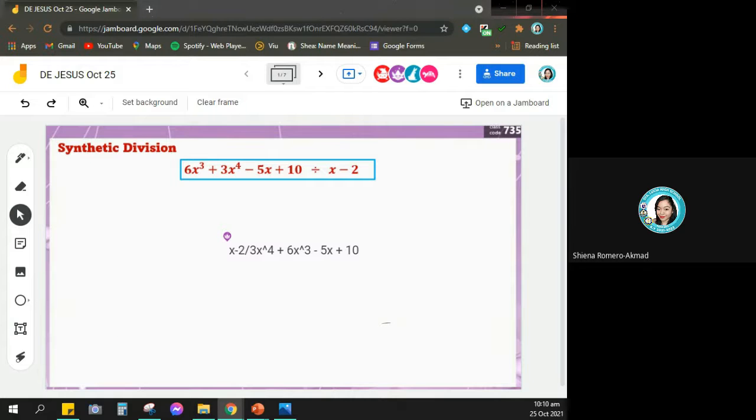Pindot. Oh, go. Dali, pag natapos niyo yan, madali na lang yung susunod na lesson natin. Very basic. Kayang-kaya pa ng utak natin yan. Ay, utak niyo pala. Kayang-kaya pa yan.